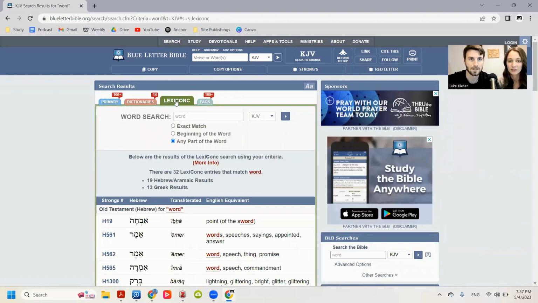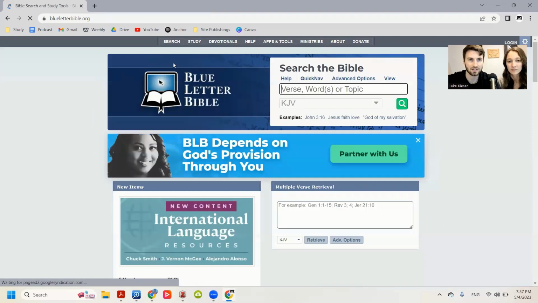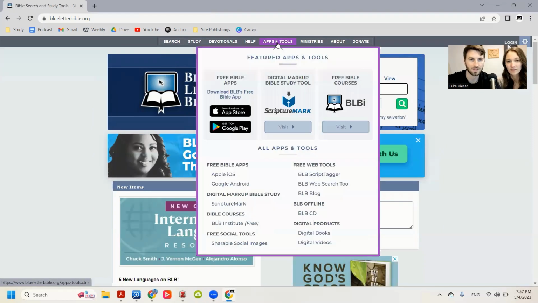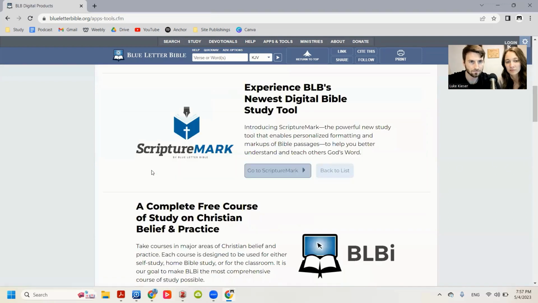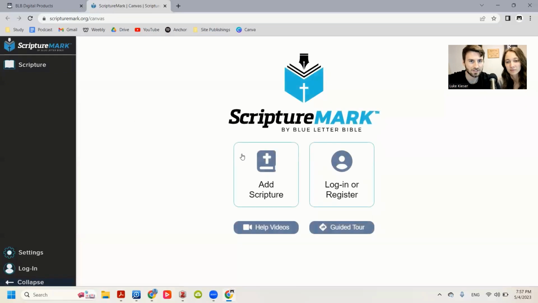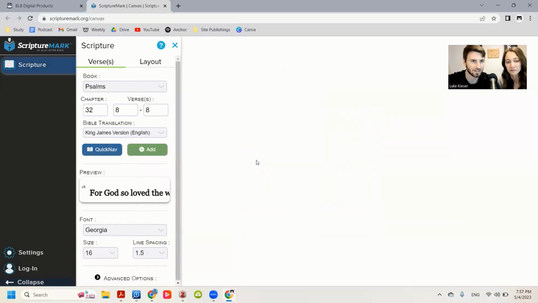Okay. And the last thing on Blue Letter Bible is they've been rolling out some tools here that you can have. So they've started with this Scripture Mark, and it's still pretty much in its beta phase.